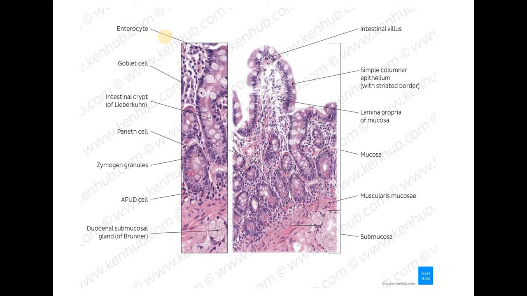This is because mucigen droplets collect in the apical portion of the cell, and the nucleus is pushed to the narrow base. Surrounding the nucleus there are cell organelles: the rough endoplasmic reticulum is seen below the nucleus, and the Golgi apparatus is present above and at the periphery of the cell.